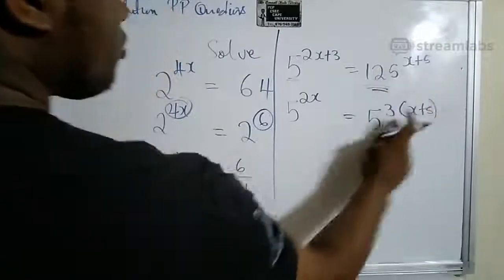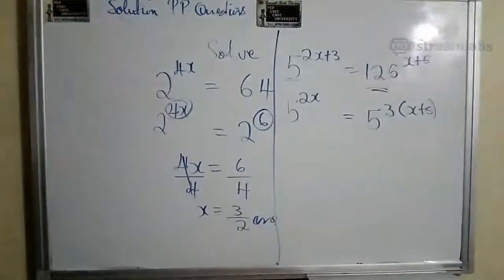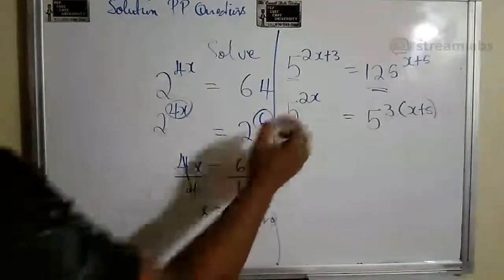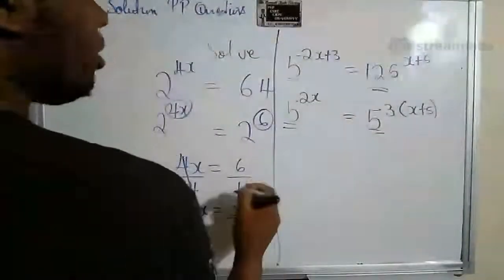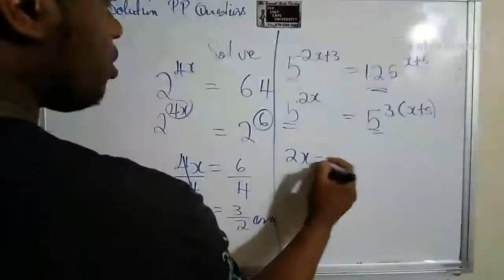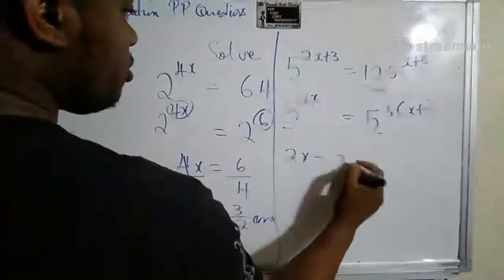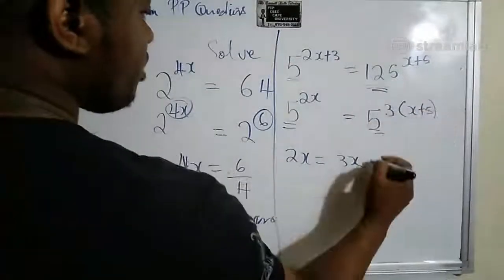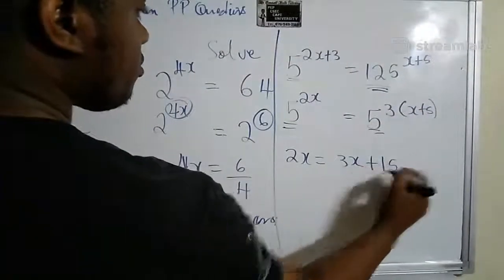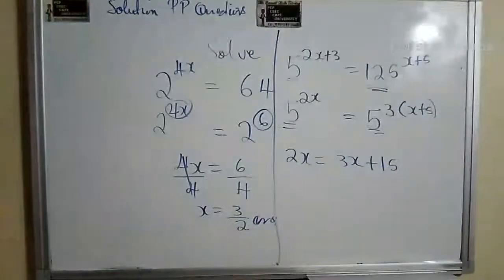This and this are equivalent, alright? Now that we have the same base, we can equate them. So it's 2x plus 3 is equal to 3 times x is 3x, and 3 times 5 is 15.